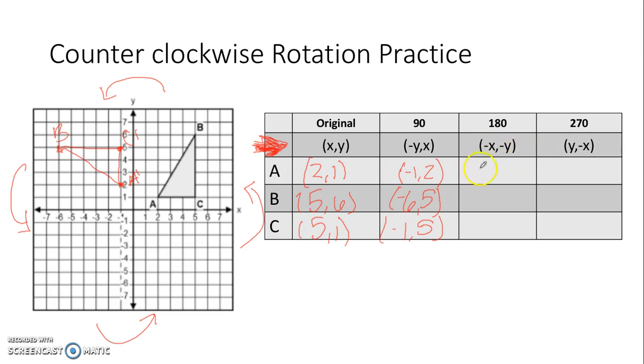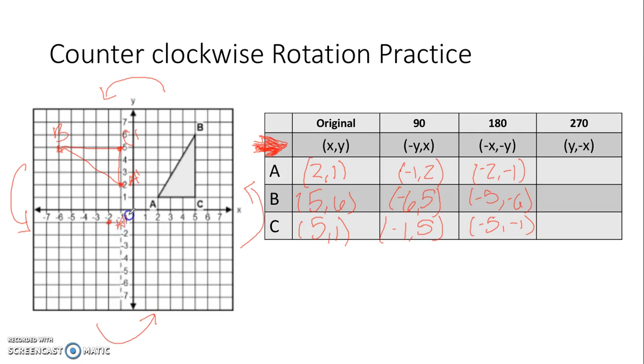Now let's take a look at this one. 180, it's exactly the same as it was before. So it's just the opposite of both ones. So negative 2, negative 1, negative 5, negative 6, and negative 5, negative 1. So we're going to start off and graph that one, just like we did before. Negative 2, negative 1.